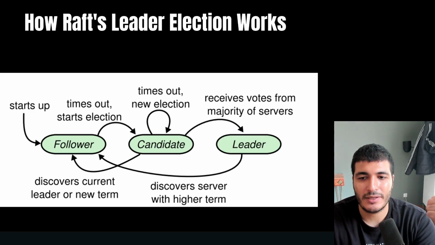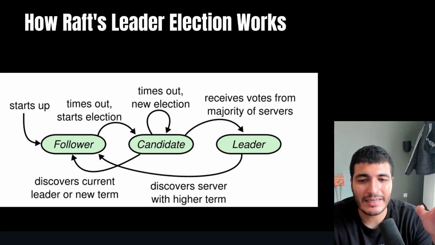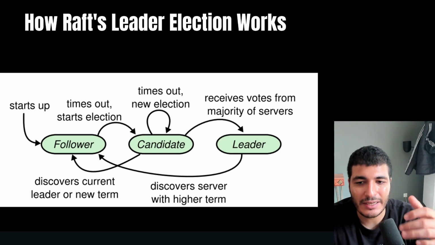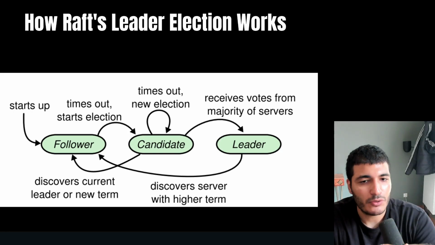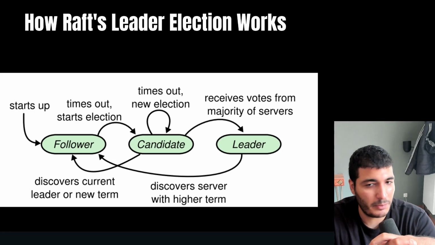If two candidates split votes, they will eventually time out and re-elect, potentially with a randomized delay to avoid another split. This is used, I guess, in CockroachDB, and also I guess it's used in HashiCorp Consul. I'm not that sure, but I guess.